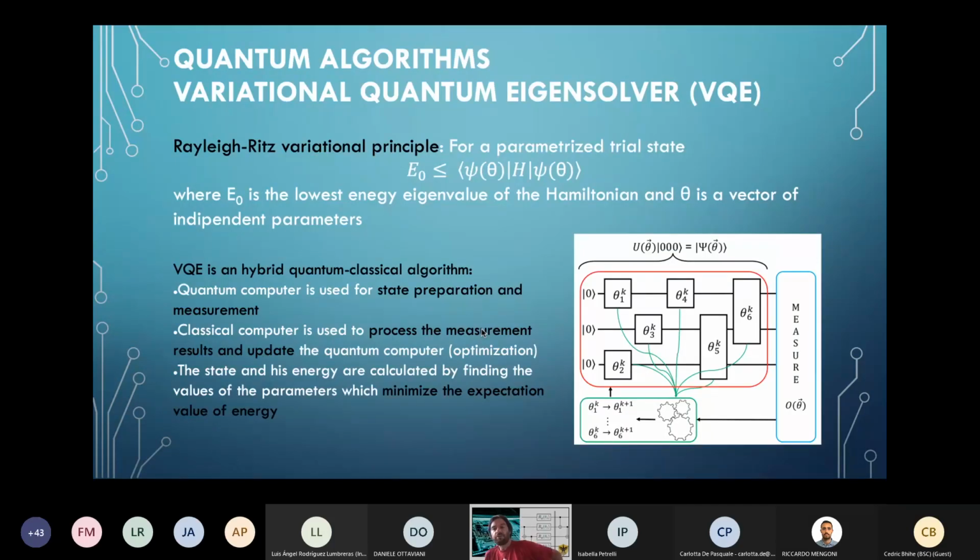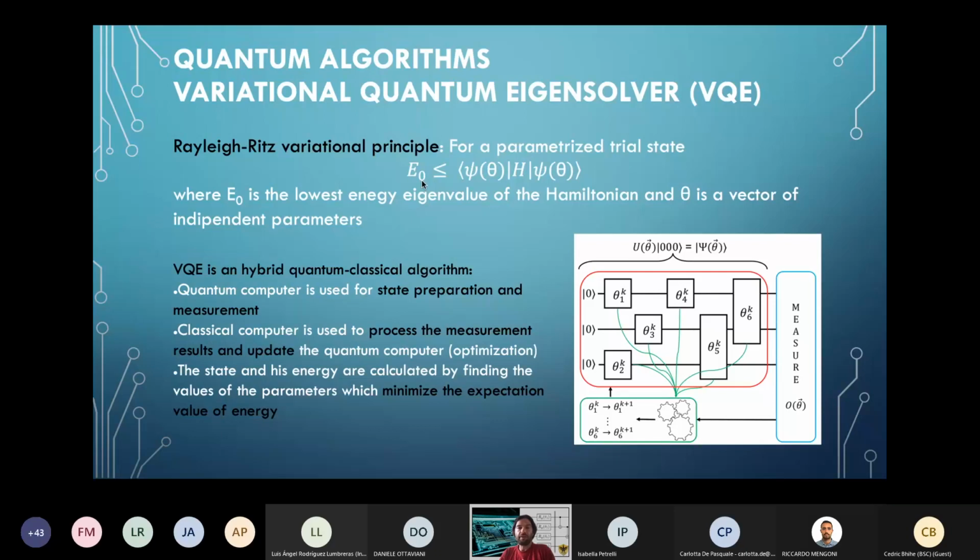Okay, so then we have to look for a solution. The solution is using the variational principle. We know that if you have an arbitrary wave function, then its expectation value on the Hamiltonian, that means on the cost function, is always larger than the lowest eigenvalue of this Hamiltonian.